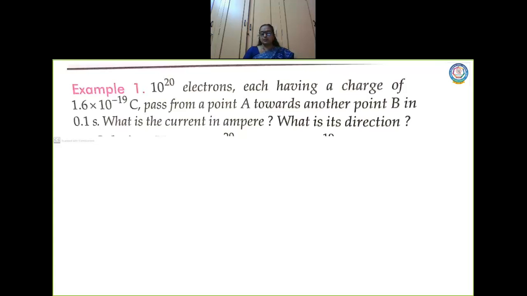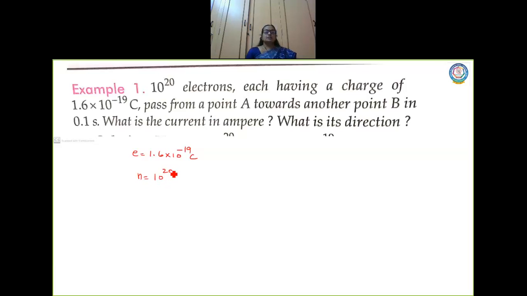Let me read the problem first. 10 power 20 electrons, each having a charge of 1.6 into 10 power minus 19 coulomb. So the charge value is e equals 1.6 into 10 power minus 19 coulomb, and the number of electrons is 10 power 20.